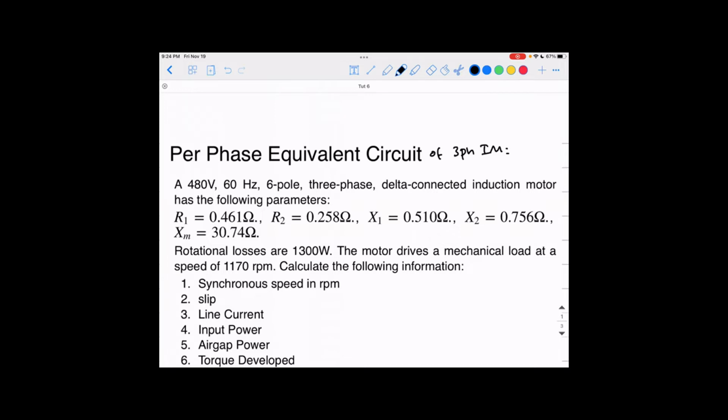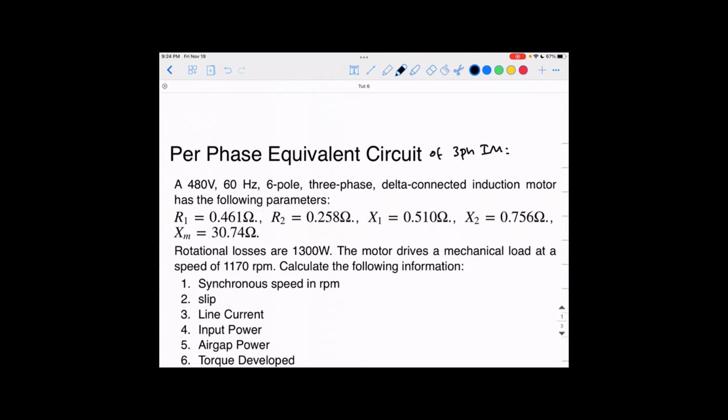That means you'll have your inputs as the experimental data, and then you use it to find the equivalent circuit parameters, and then use these parameters to solve the equivalent circuit and find the machine's performance. But this will be a very big problem. Okay, so for now, assuming we have these parameters as inputs, let's see what we can do with it.